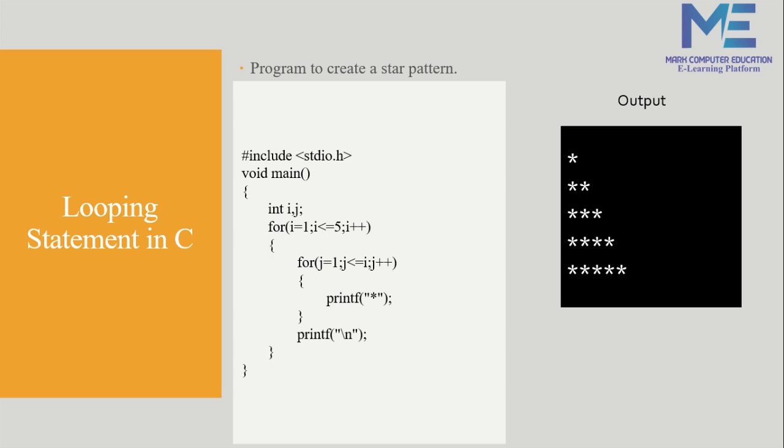After completion, again it will go back. This process will repeat till the main loop condition is evaluated as true. So this is the working of our nested loop. If you are not getting any idea, don't worry. I will teach you how the nested loop and the while loop work in my next video.